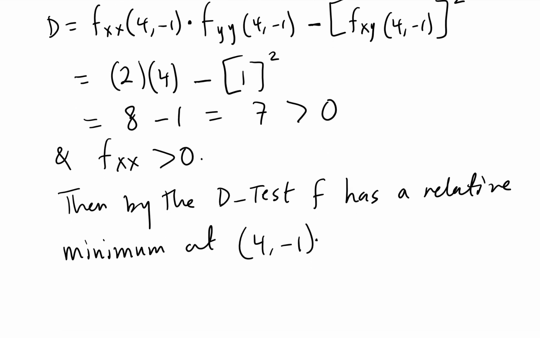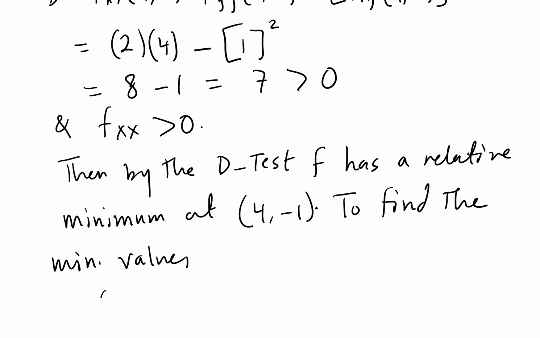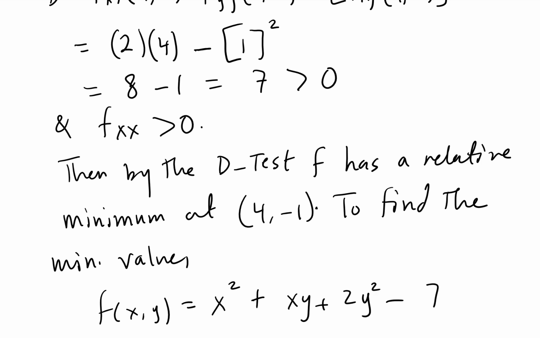And to find the minimum value, we substitute the point into the function. The equation of the given function was x squared plus xy plus 2y squared minus 7x.